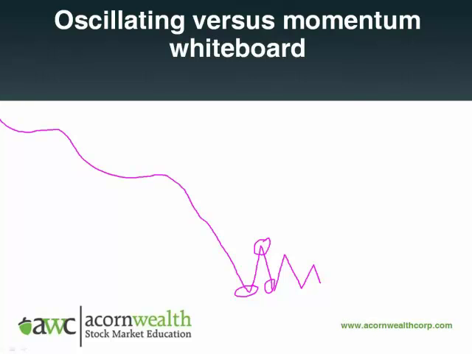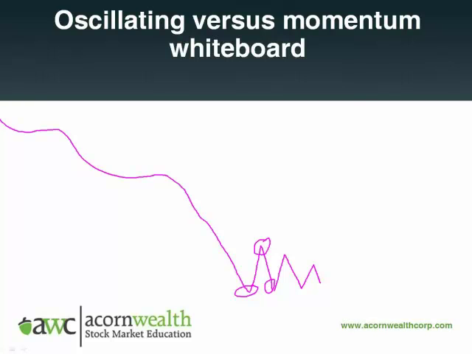Now, before we get to momentum, in oscillating patterns, the types of things we look for are oscillating indicators. We look for things such as, if we're going to buy, a stock that's really low on the relative strength index. We look for things like stochastics. We use things like Bollinger Bands.